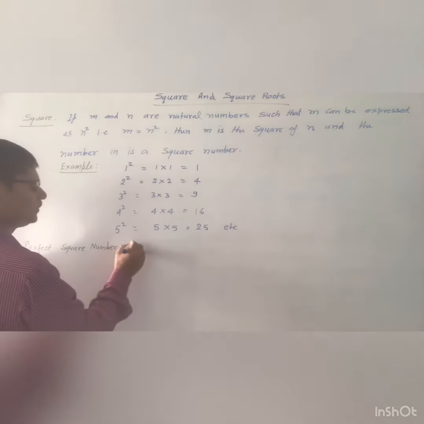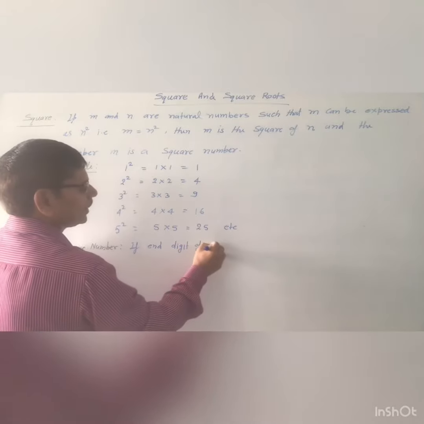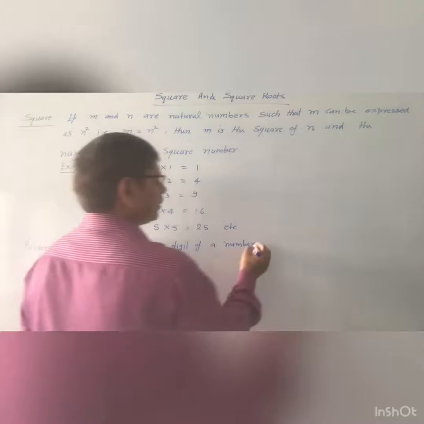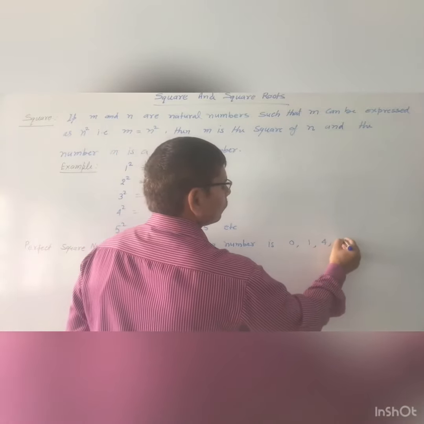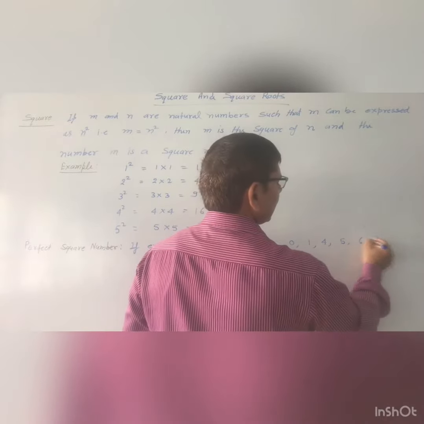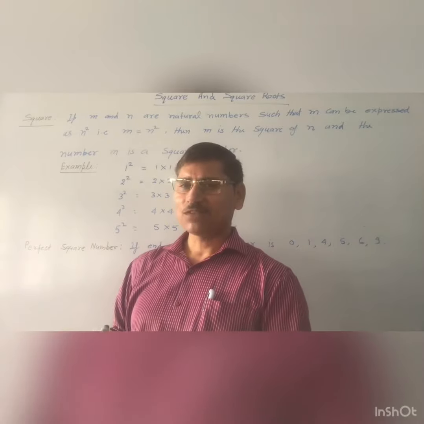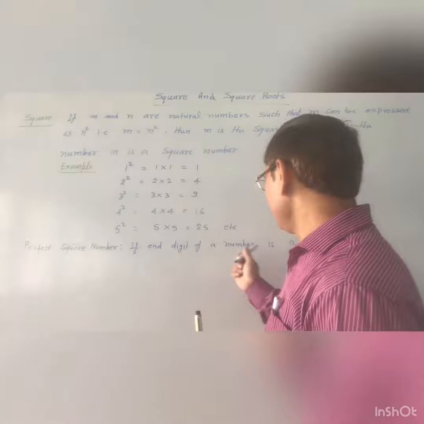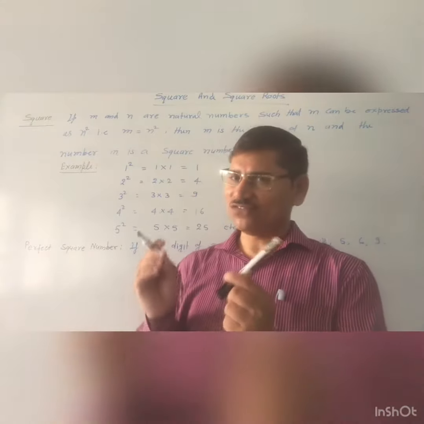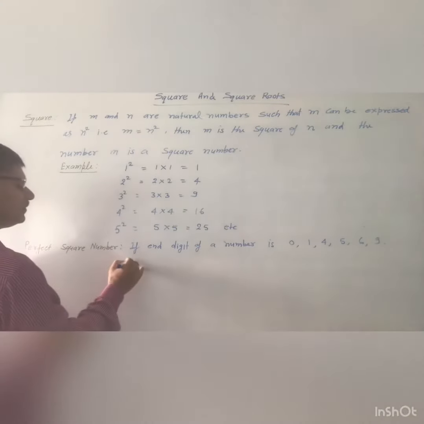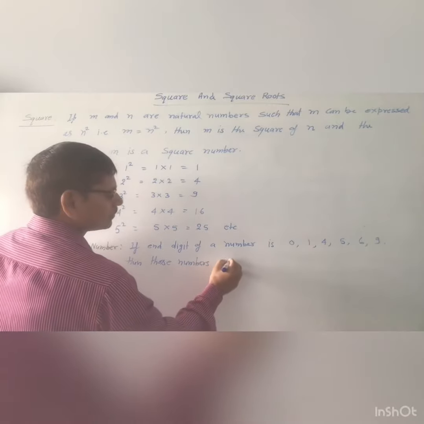If the one's place digit, that is the end digit of a number, is 0, 1, 4, 5, 6, 9, okay, if the end digit, that is one's place digit, is 0, 1, 4, 5, 6 and 9, then the numbers are called perfect square numbers.